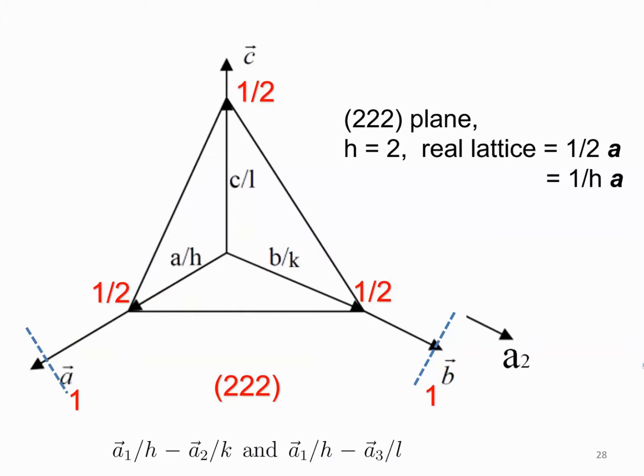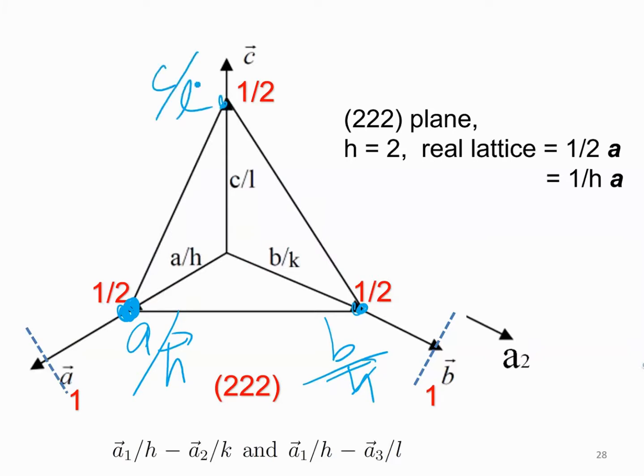This spot basically is A over H. This spot is basically B over K. This spot is C over L.